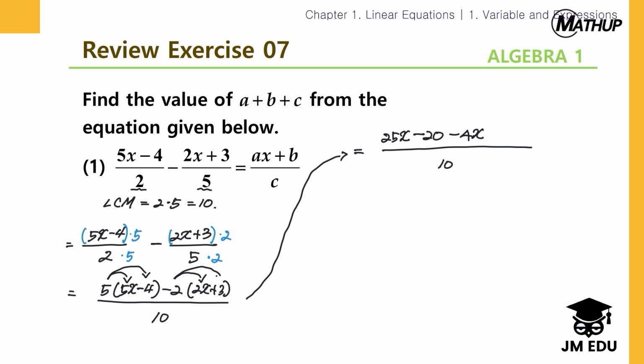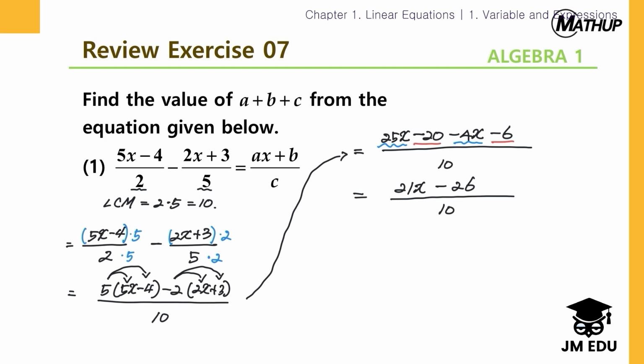Minus 2 times 3, that's minus 6. So we have 2 x terms, 2 constants, right? So that is equal to, the denominator is 10. 25 minus 4 is going to be 21x, right? And minus 20 minus 6, that's minus 26.